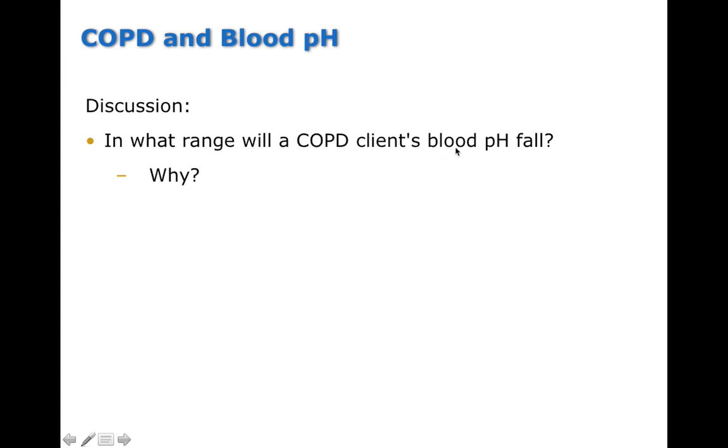So their blood pH is going to be lower because of hypercapnia, right? They're going to have an excessive accumulation of carbon dioxide in the blood because of a decrease in proper respiration. And so their blood pH is going to be more acidic than normal blood pH, which should be 7.35. In fact, it could be as low as like 7.2.